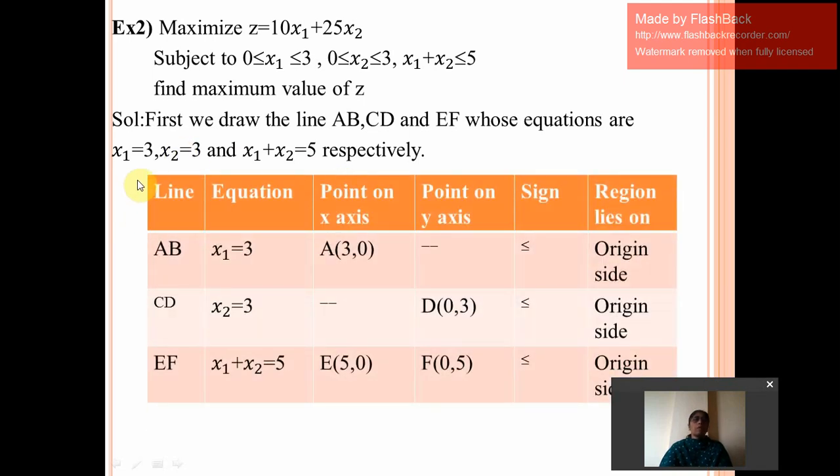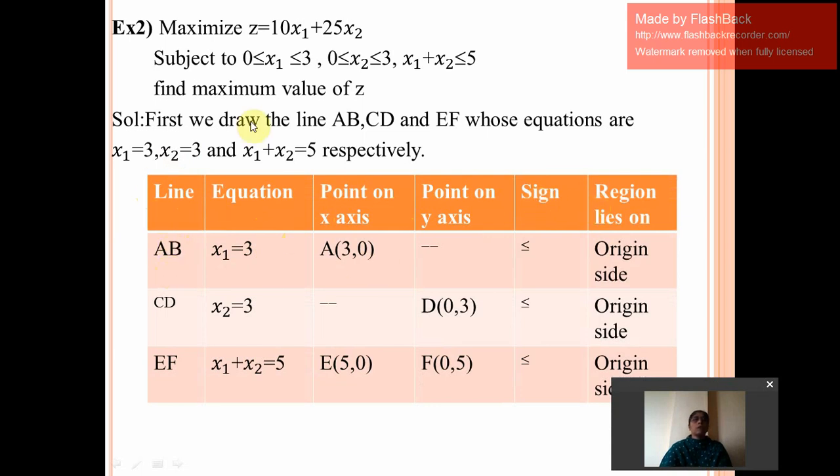Draw a table. First column line, second column equation, third point on x-axis, point on y-axis, sign, region lies on.